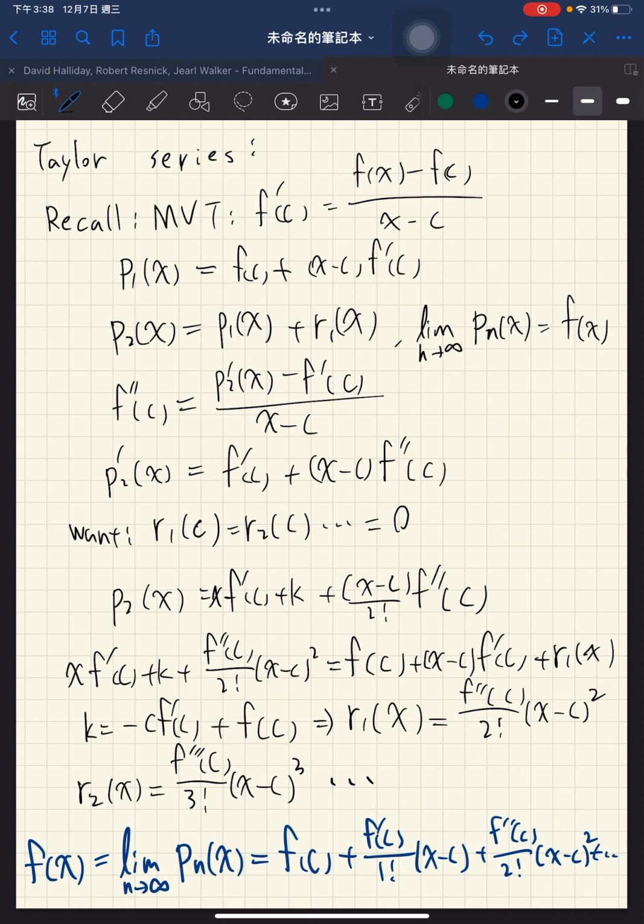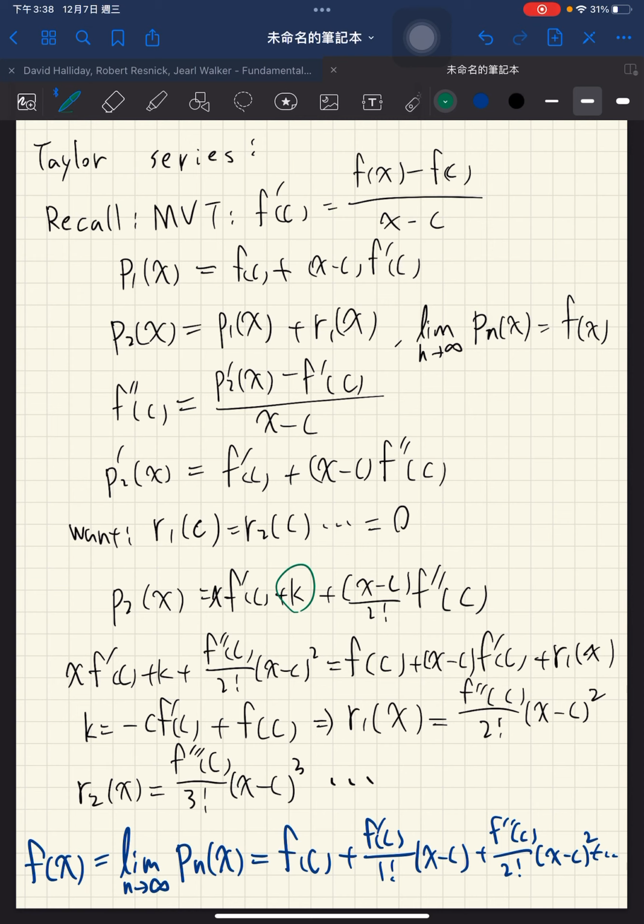So all the remainder terms at c will be just 0. There's no constant term in these remainders. So we just plug in and do the anti-derivatives and get this, and we don't know what the k is.